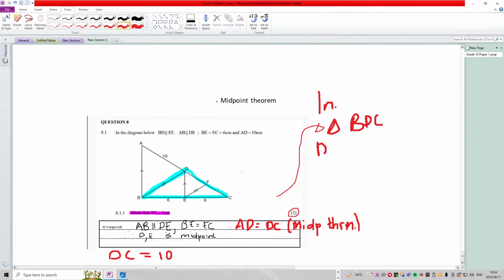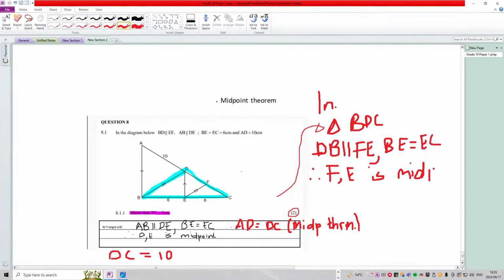We have DB is parallel to FE, and we also have BE is equal to EC. Therefore, EF is the midpoint. Now we can apply the midpoint theorem.